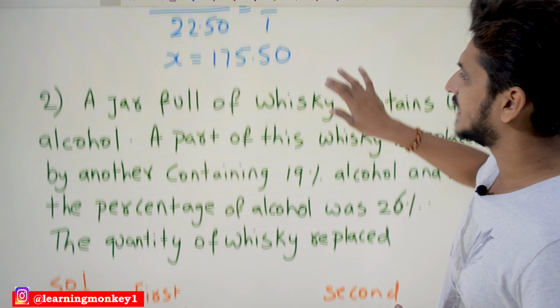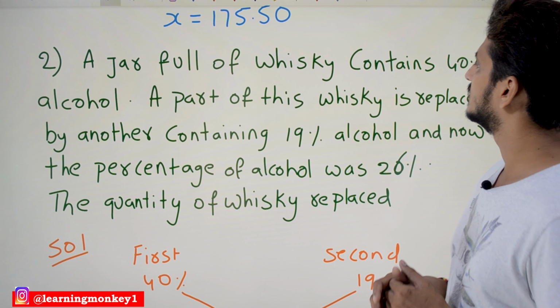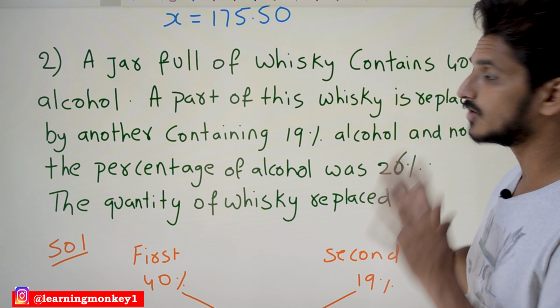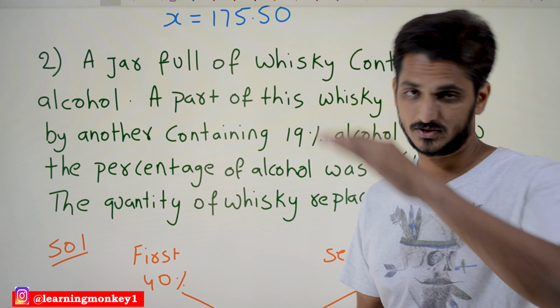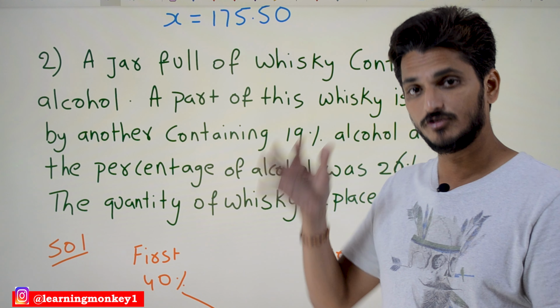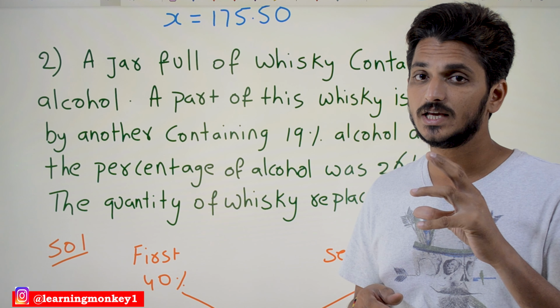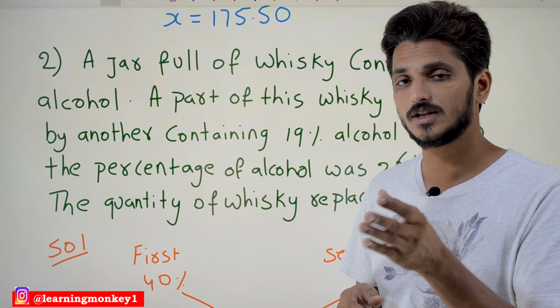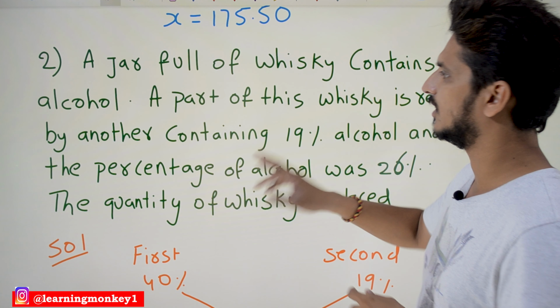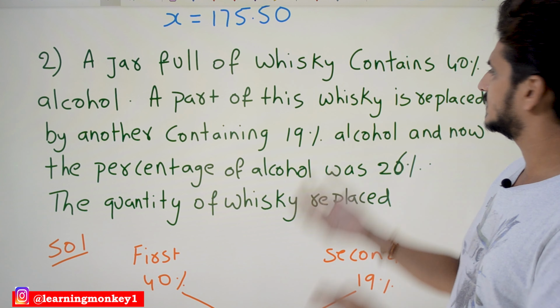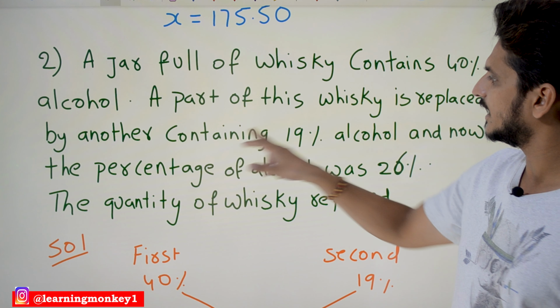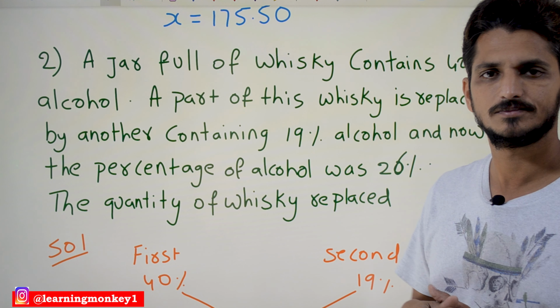Now we do one more example. A jar full of whiskey consists of 40% alcohol. One jar is there, a jar full of whiskey containing 40% alcohol, meaning one variety of whiskey contains 40% concentrated alcohol. A part of this whiskey is replaced by another containing 19% alcohol.